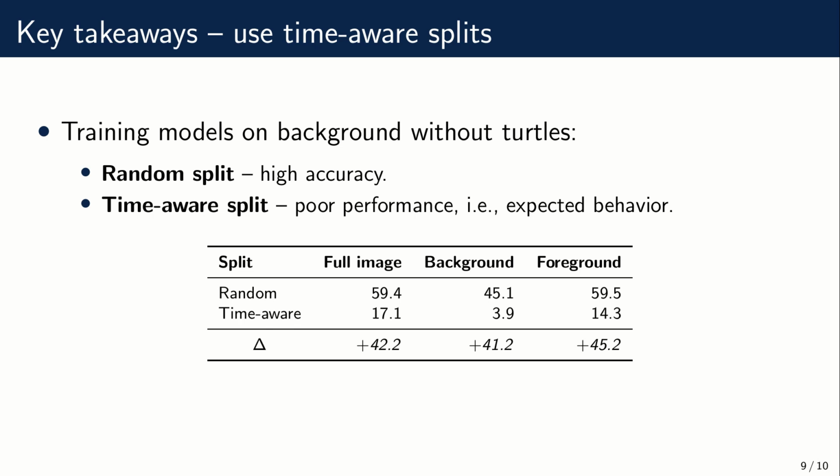To provide additional evidence for the hypothesis that there is training to test data leakage and models trained on random split learn to recognize identities primarily based on the background, we experimented with training using just background and foreground separately. As expected, models trained using a time-aware split significantly dropped in performance. Contrary, models trained using random split maintained high performance.